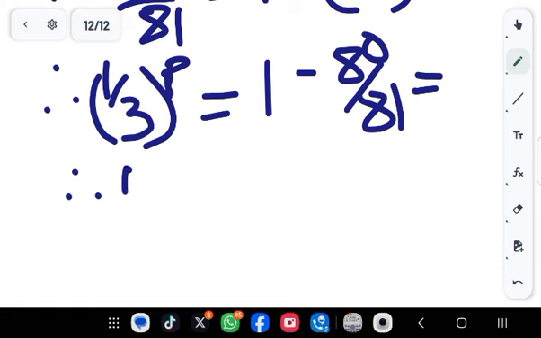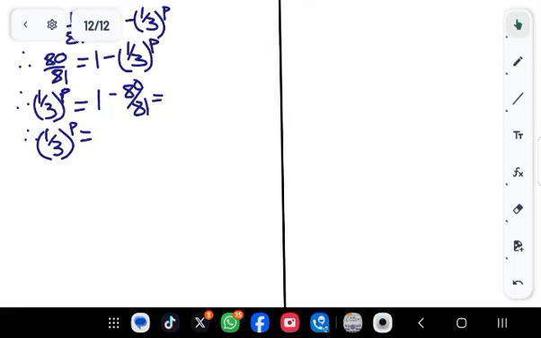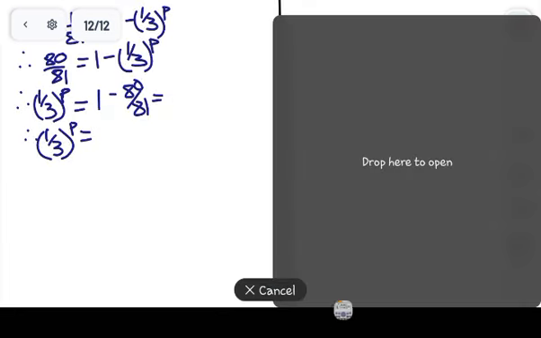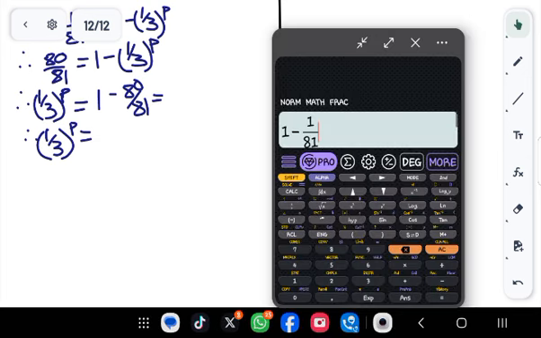see how you do this is up to you. 1 minus 80 over 81. Okay, calculator. How you manipulate the numbers is completely up to you. 1 minus 80 over 81.